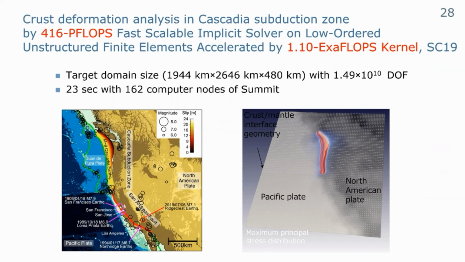On Summit, we achieved 400 petaflops with the fast scalable implicit solver. At kernel level, exascale flops is achieved. The target domain size is huge, and only about 20 seconds with the compute nodes of Summit is used to compute the crustal deformation response.